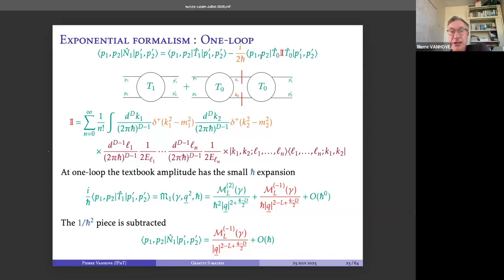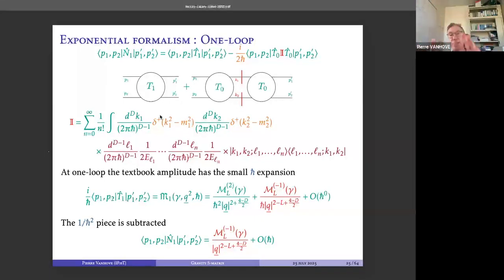So in fact, what's happening is that in the relation between n and t, the 1 over h bar squared is cancelled. And this piece, which is the sum of two trees, is the fact that this is unitarity: in the one loop computation, there is always, by unitarity, the iteration of the lowest loop order.